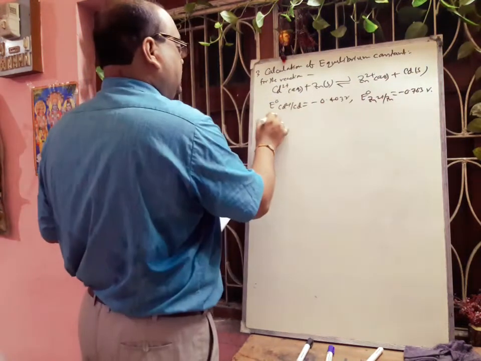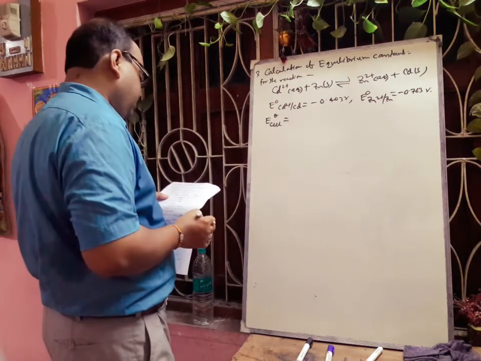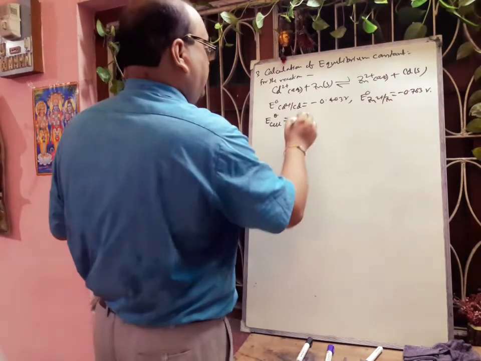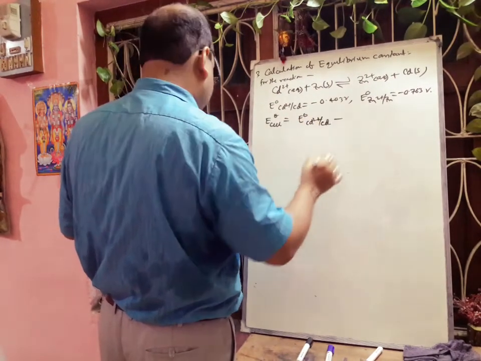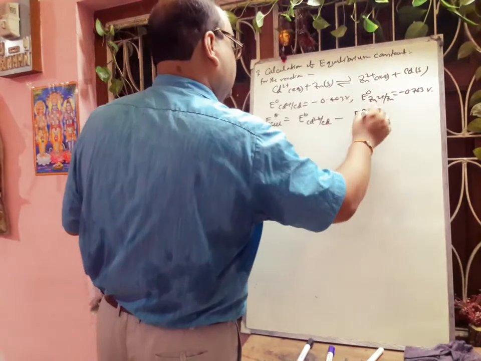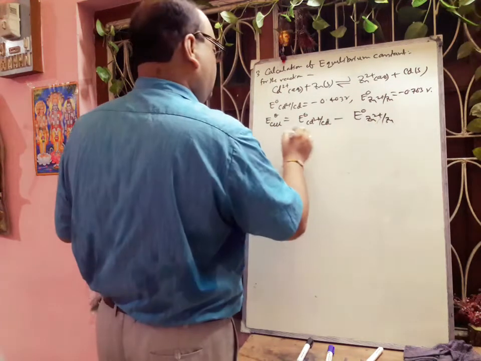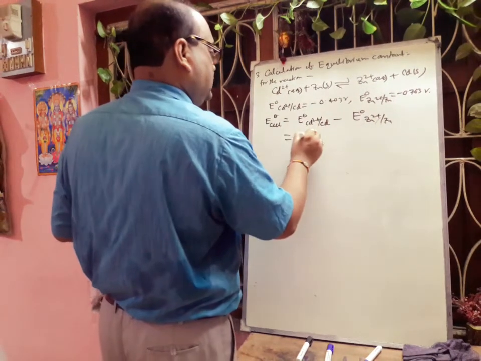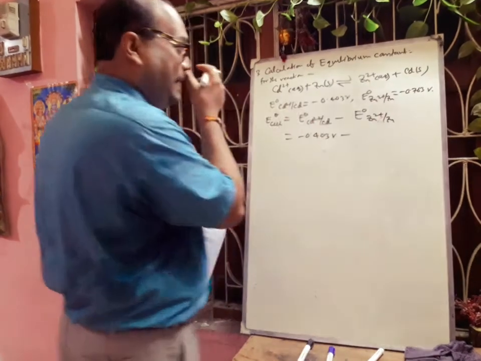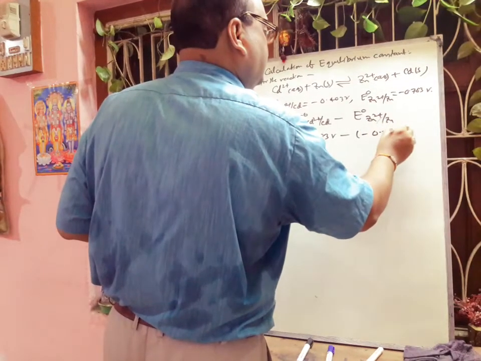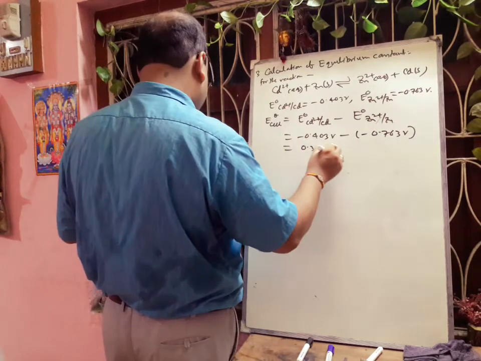Now from here we can easily write E cell, the standard reaction potential of the cell, the EMF of the cell, which will be E0 of Cd2+/Cd minus E0 of Zn2+/Zn. Now here we know the values: minus 0.403 volt minus minus 0.763 volt. If we calculate, you will get the value 0.36 volt.